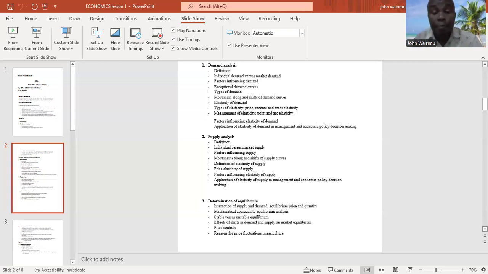So you can see, just a screenshot of what demand and supply look like. There is a lot we need to learn in this particular area.